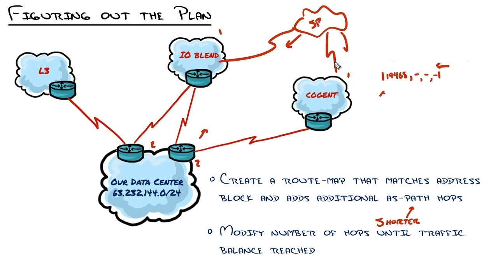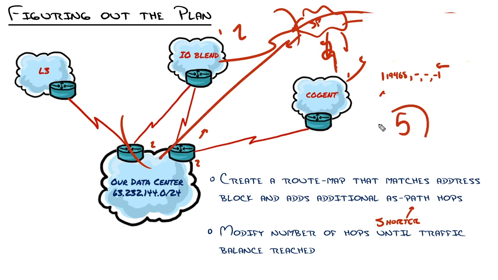It's tied. Bad example, but let's just say Sprint goes out through a whole bunch of other autonomous systems before it actually gets to Cogent. It doesn't have a direct connection. Well, it's going to see the AS path of 2 autonomous systems going this way, whereas going this way, maybe it's 5 autonomous systems. And it's going to say, okay, this is the better route. I'm choosing that path. That's the way that metric works.